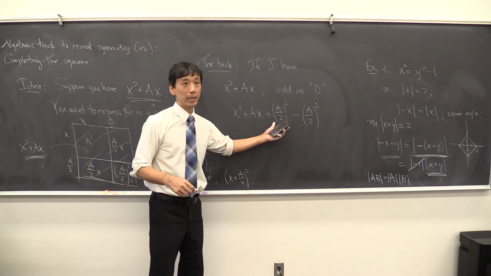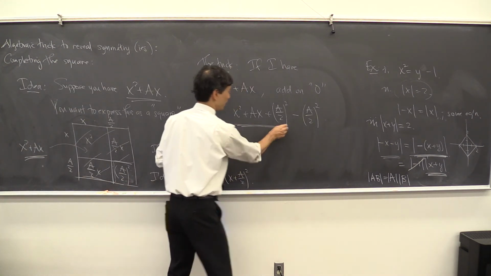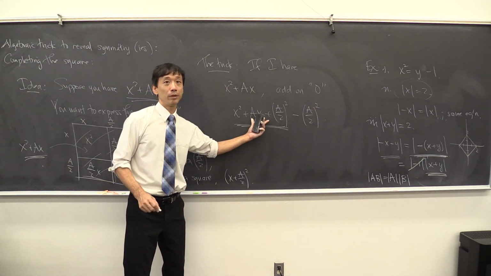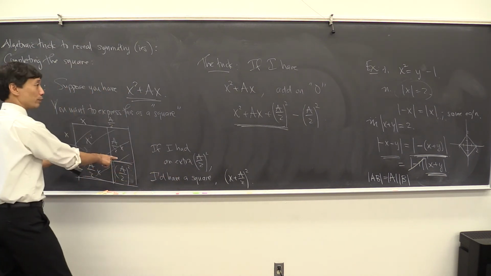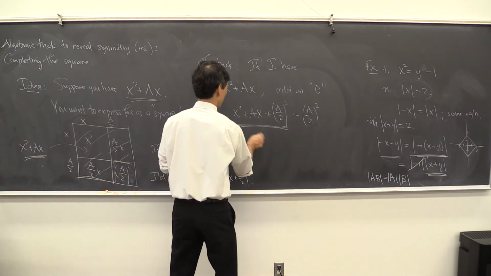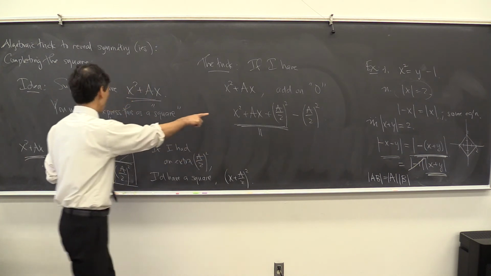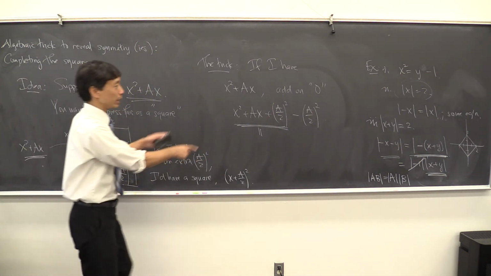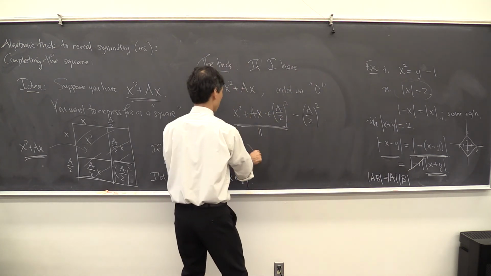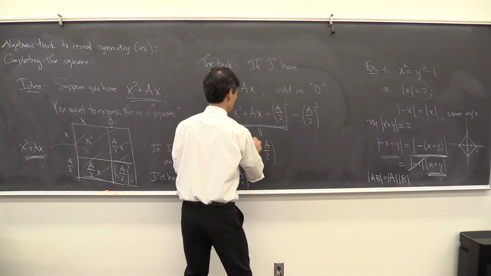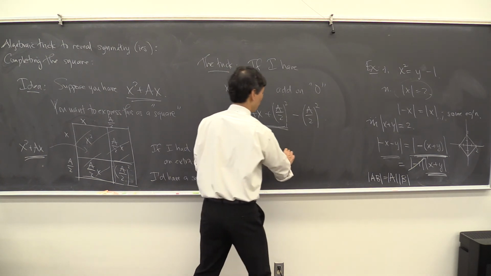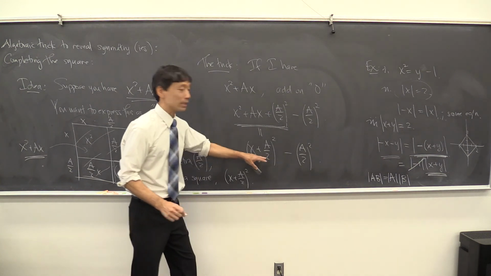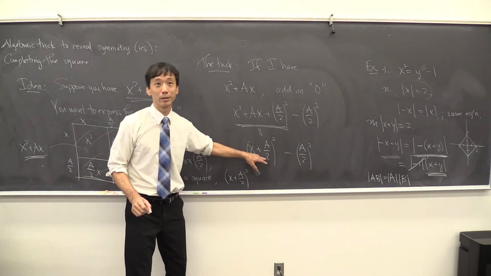Why did I do that? Because now this thing is a completed square. I was missing this a over 2 quantity squared. Now that I just throw it in, I get this thing expressed as a square. Yes, I have to subtract this thing off, but at least I got this expressed as a square.